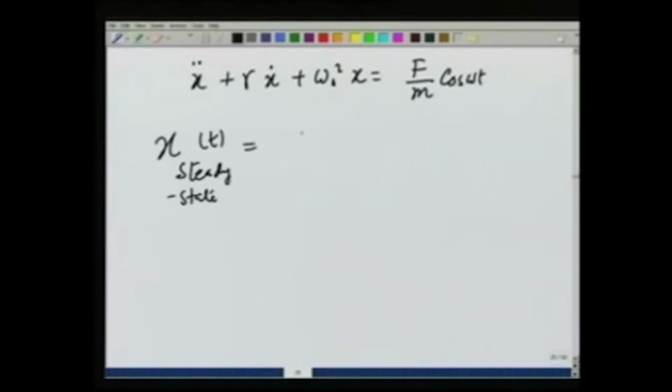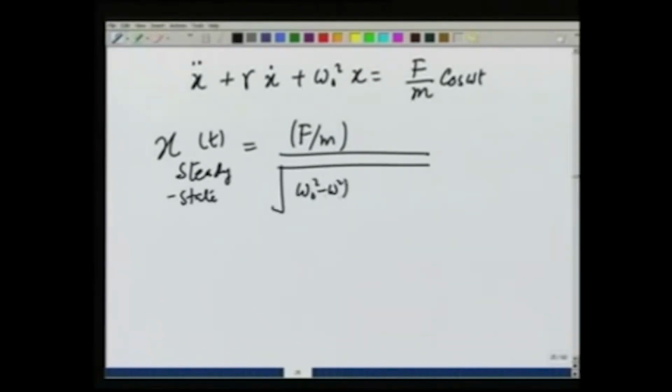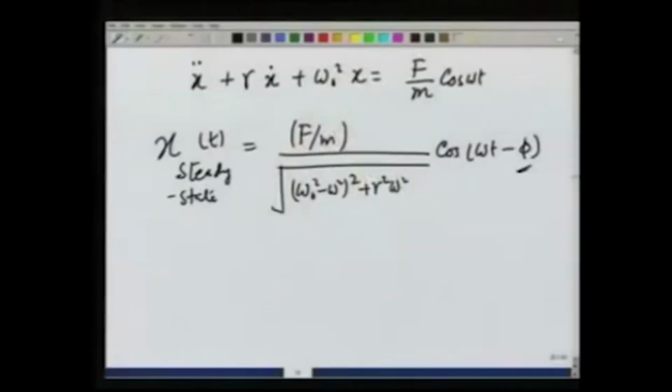It looks like F over m divided by the square root of (omega naught square minus omega square) plus gamma square omega square, cosine of omega t minus phi. This is a complete solution. The displacement lags behind the applied force by a phase phi, and it has an amplitude that depends on the force and the applied frequency. What remains to be done now is to analyze different situations.